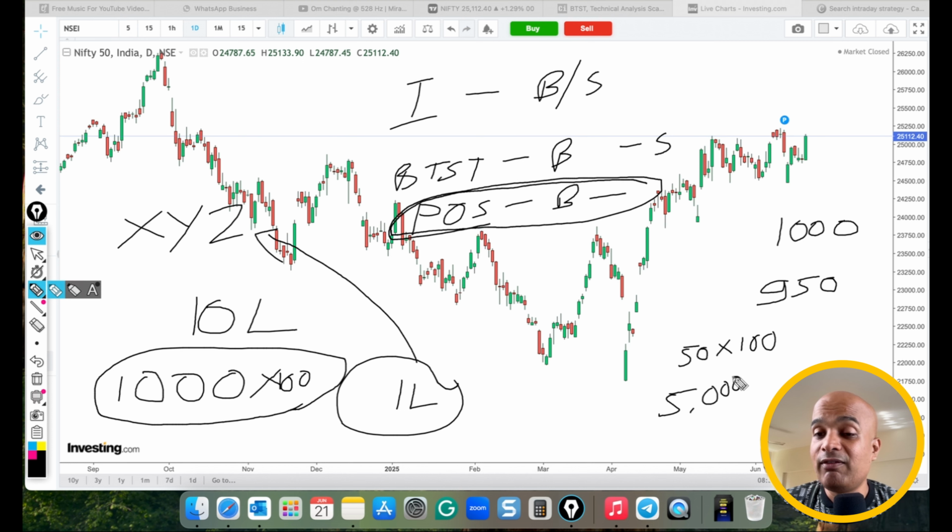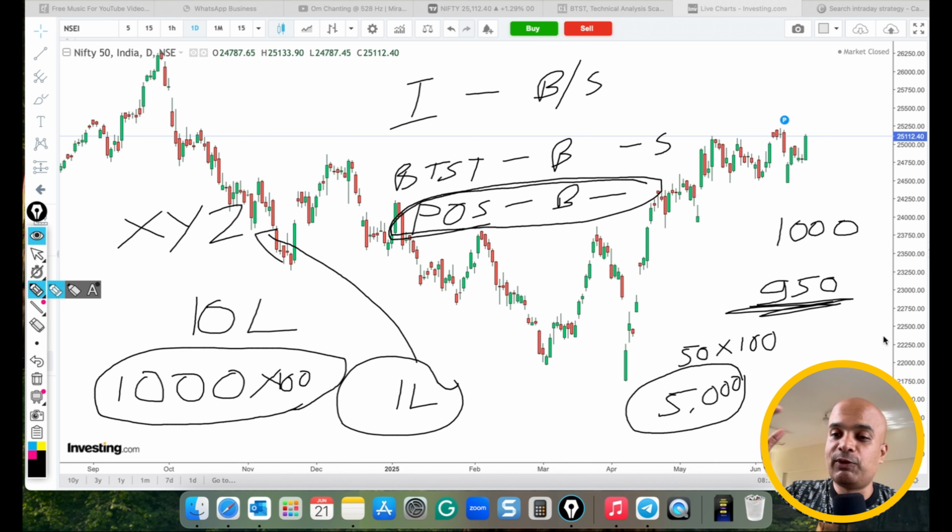So your investing amount is 1 lakh rupees, but your risk per trade is only 5,000 rupees. If the price opens below 950, then you have to exit. You are not supposed to hold the trade below 950. That's how many traders turn into long-term investors for many waste companies. I hope this money management part is clear.